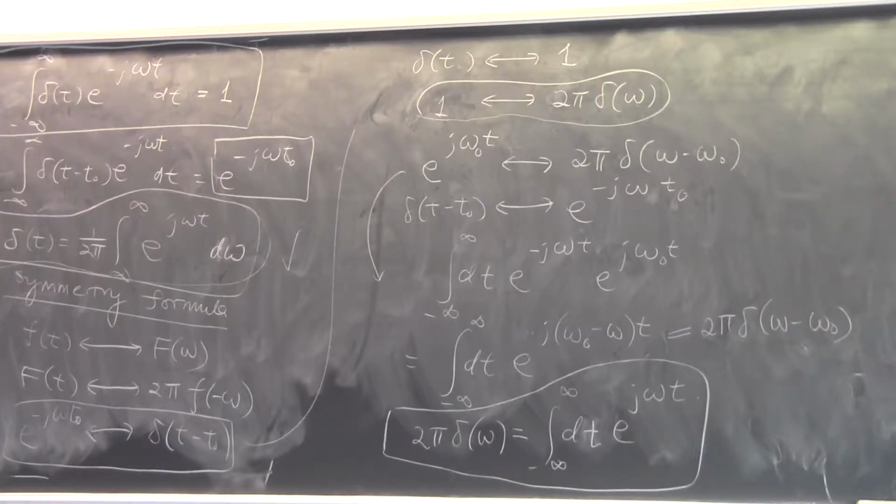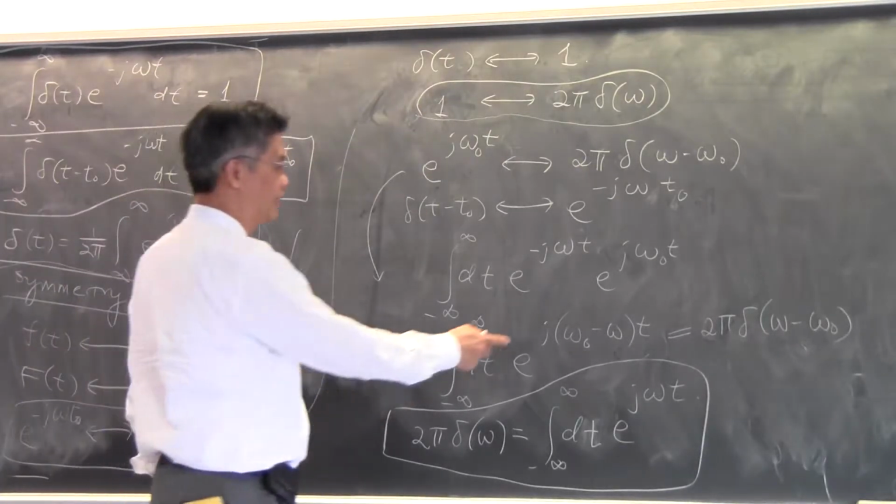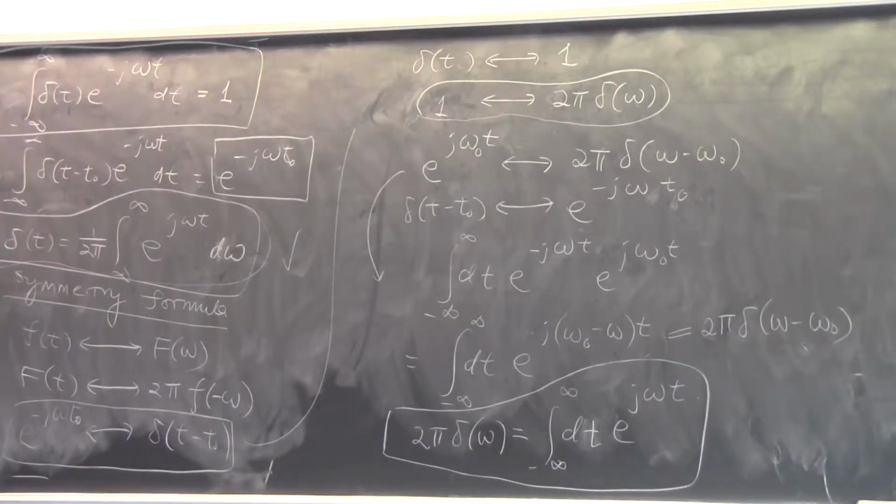So what it says is that e to the j omega naught t Fourier transforms to 2 pi delta omega minus omega naught. So if you have to take the Fourier transform of this, you have delta omega minus omega naught here, and then you have the other term.